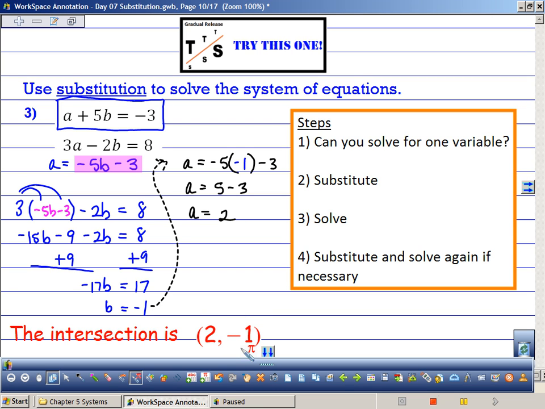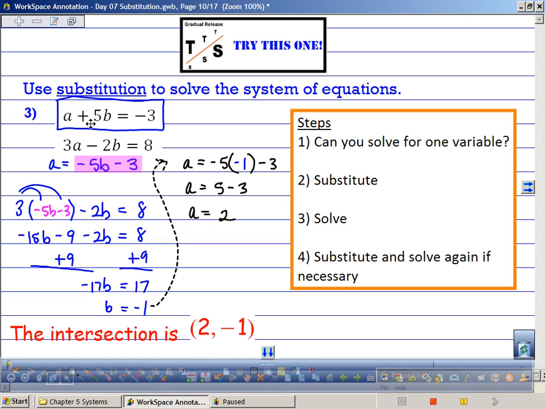You think it's more work? It's a lot quicker? I know. What do you guys think? Do you like this one? Yes. It's about the same. It's just whether or not you want to use it. I'm not going to require you to solve for it and then plug it back in if you like another method better, but you have to solve by substitution on your quiz, so you need to practice it.